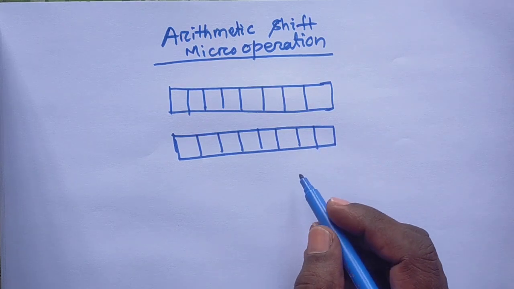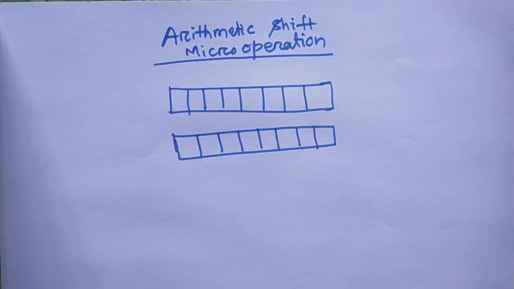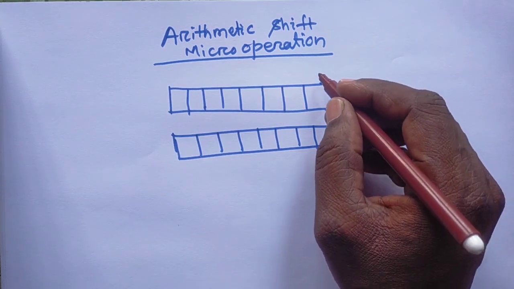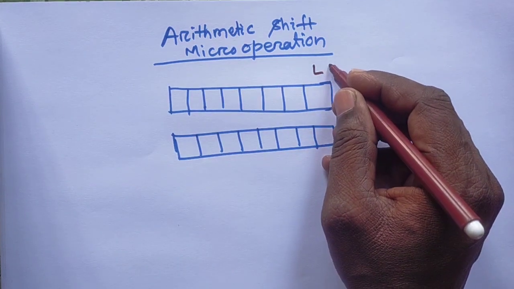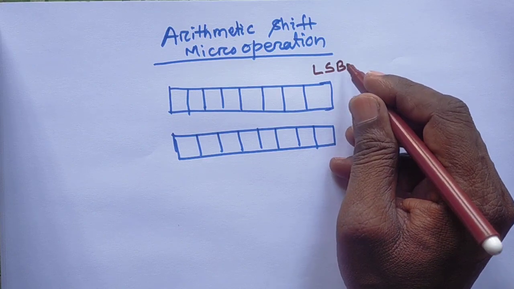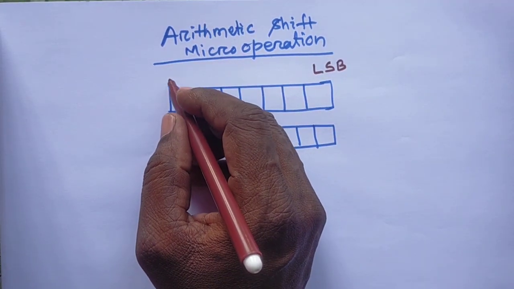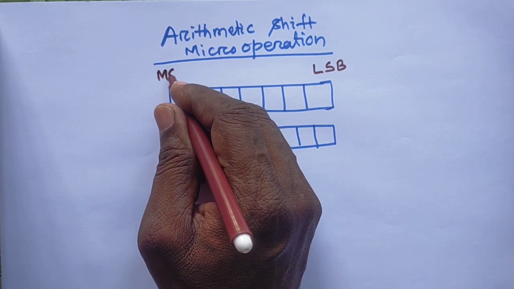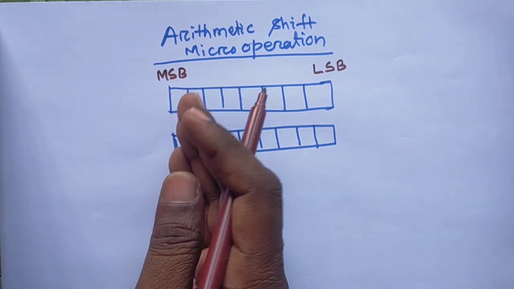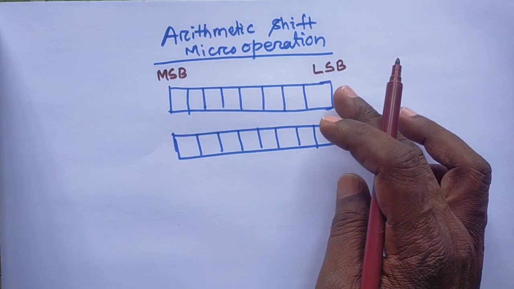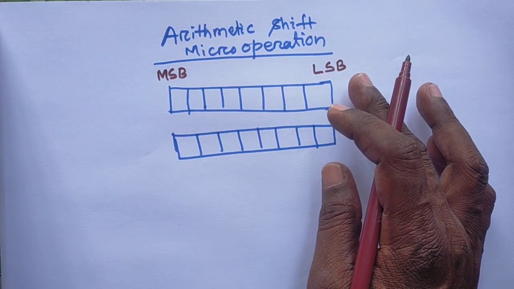Whenever you go through any data, it is your choice, we can take any data. This end we can consider the LSB. I have already explained this in the last lectures for the shift operation. And at the other end there is the MSB, the most significant bit. On the left hand side we write the most significant bit, and the right hand side is the least significant bit.